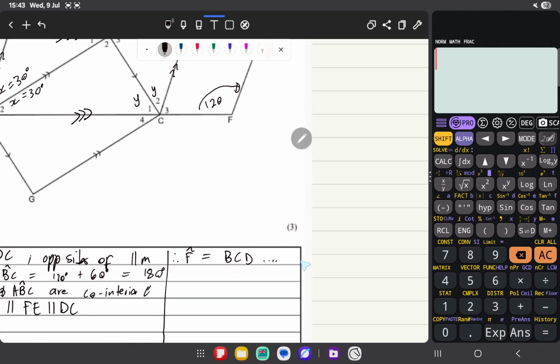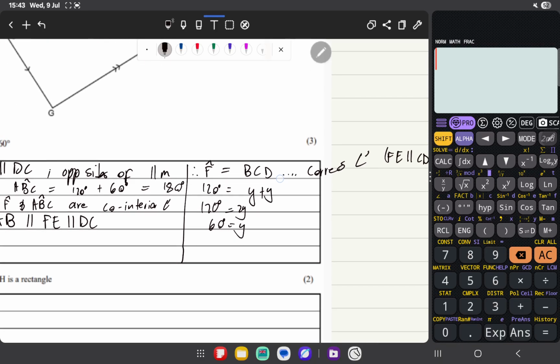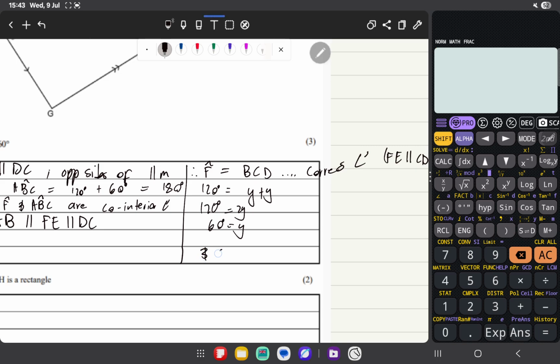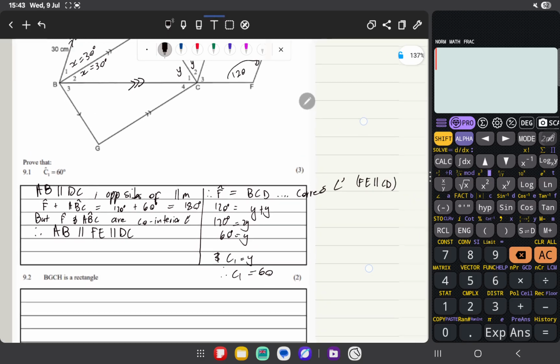And the reason I'm saying that is corresponding angles, FE being parallel to CD, right? And then I have 120 degrees equals y plus y, 2y, 120 degrees, 60 degrees equals y, right? And C1 equals y, therefore C1 equals 60 degrees, right?